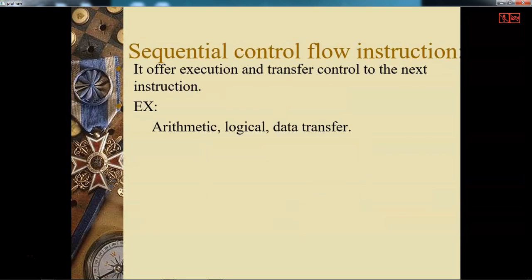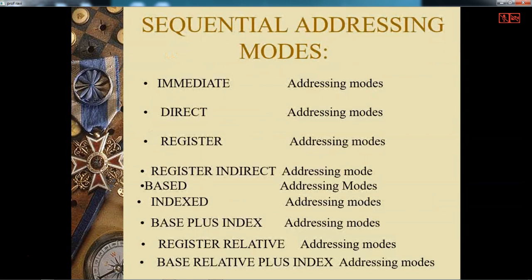Examples of sequential control flow instructions are arithmetic instructions, logical instructions, and data transfer instructions. For these instructions, we specify the data using sequential addressing modes.